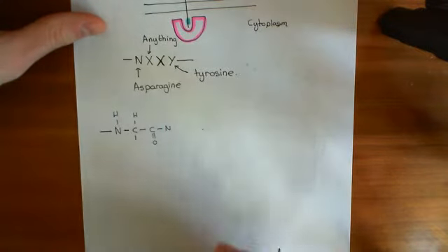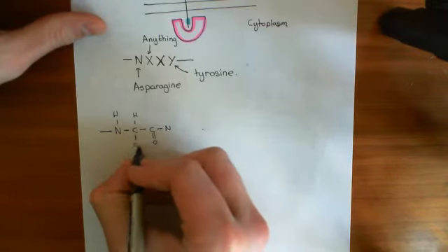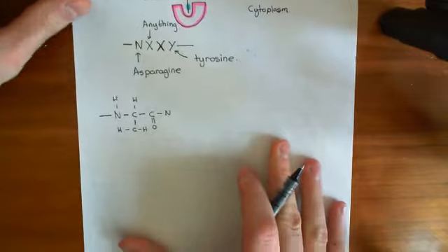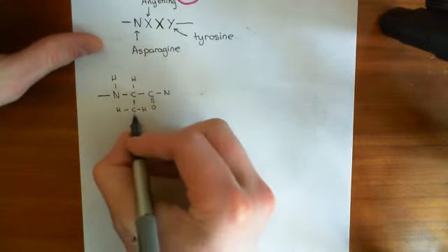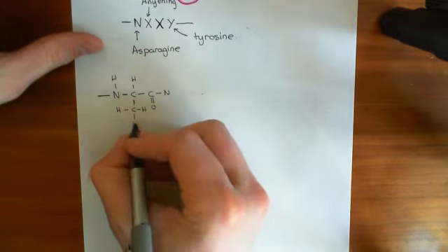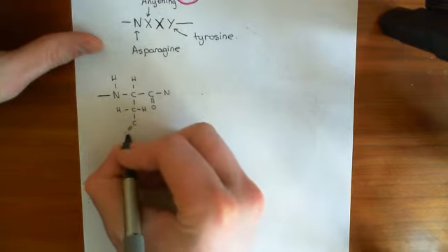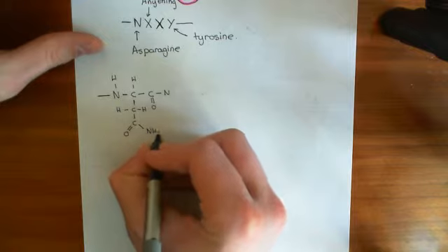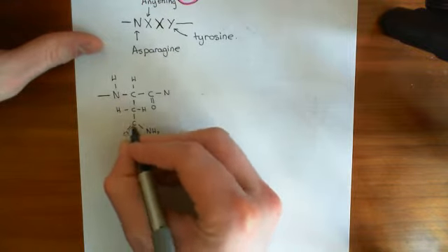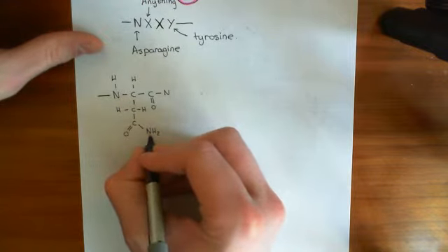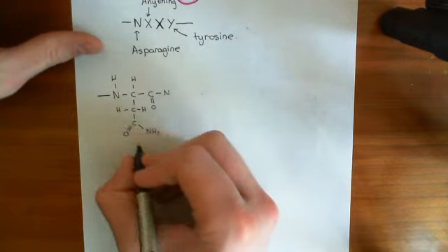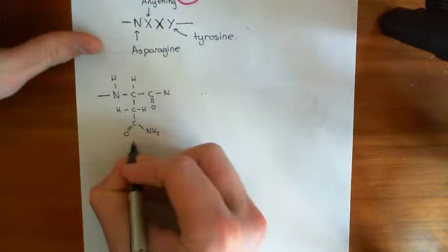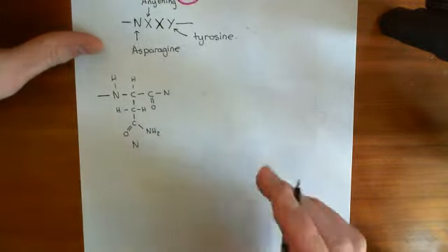Now let's put the R group of asparagine. The R group is effectively an ethanoic acid group sticking off the side, but that group has had an amide bond formed and been turned into a primary amide, which means it has an amino group on this carbonyl group instead of a hydroxyl group. So you've got a primary amide group here on the end. That is the structure of the amino acid asparagine.